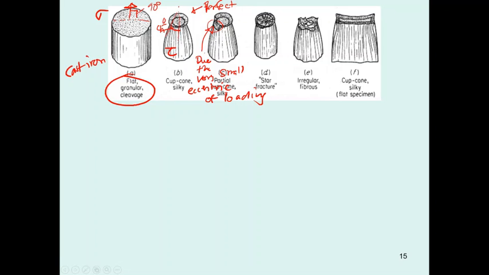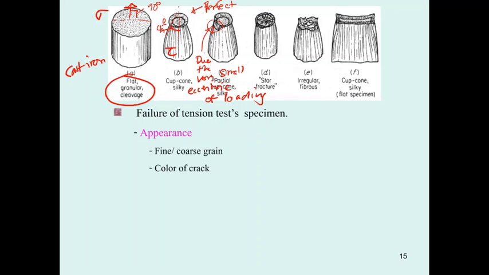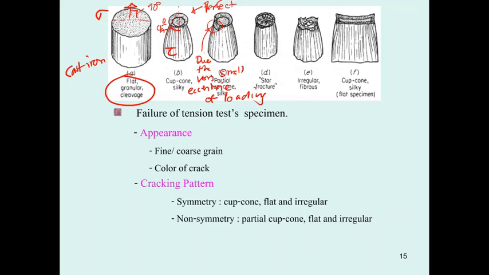So some part is going to get higher force and have a different failure. You have to take a look at the appearance of the failure, also the cracking pattern, symmetry or non-symmetry, and also the fine grain of the material.